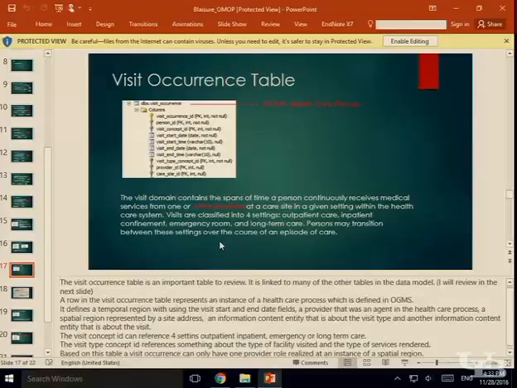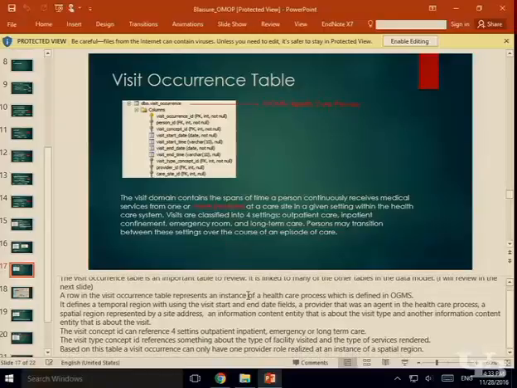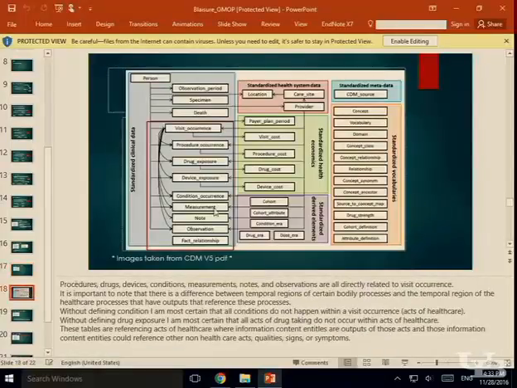The visit type is also a concept ID, and it's about the type of facility that the patient is going to. And we can look at this a little bit. I said person is related to every one of the clinical tables. The visit occurrence has all these tables that relate to it.